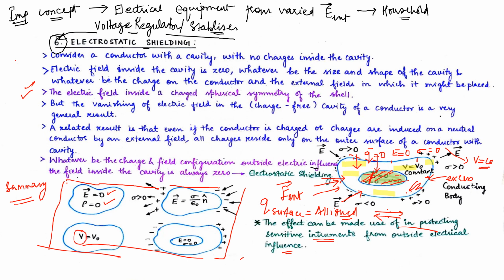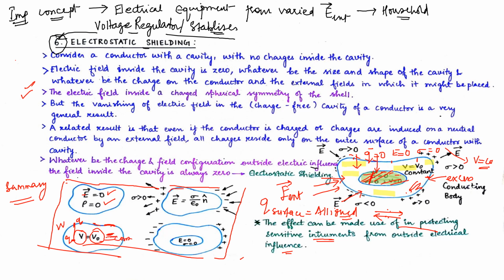Potential inside and on the surface are equal, because electric field is 0, so there is no work done in bringing a charge from here to here. So potential on the surface and potential inside the conductor are the same and constant.